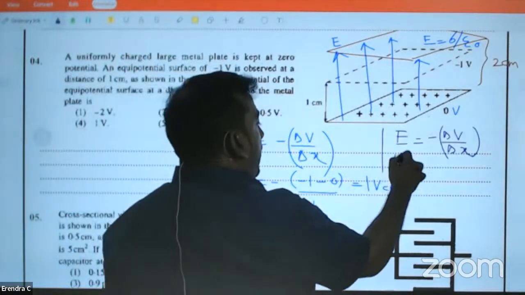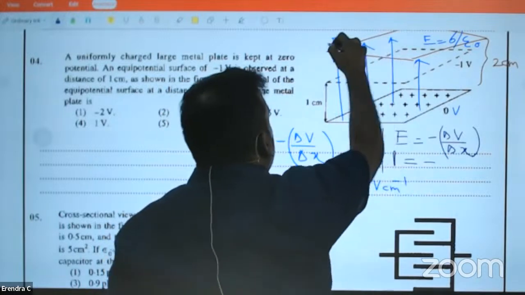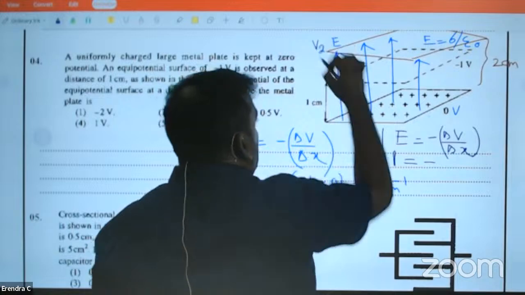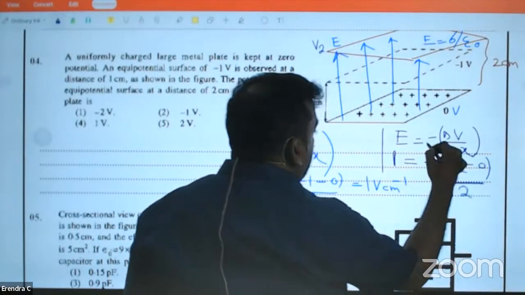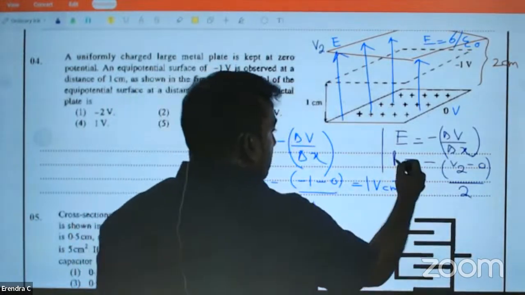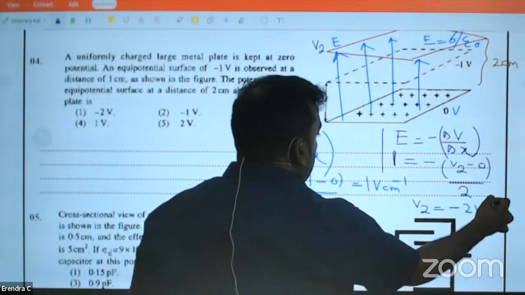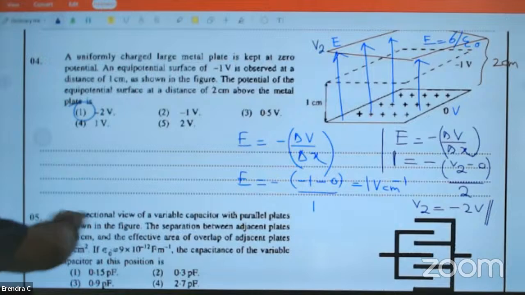Electric field strength is 1 volt per centimeter. Final minus initial. Final voltage we don't know, V2. V2 minus initial 0 divided by 2 centimeter. Cross multiply, minus 2 comes. V2 is equal to minus 2 volt. Done. So your answer there is going to be minus 2 volt.